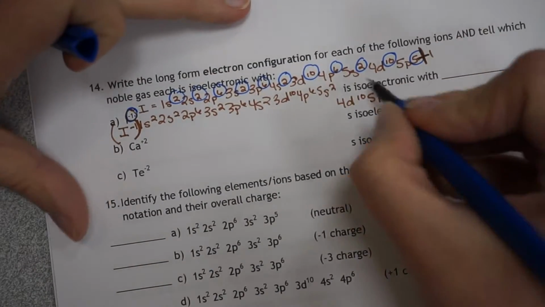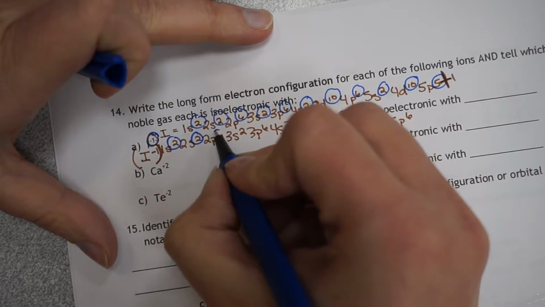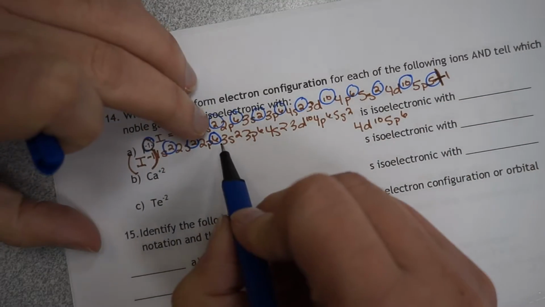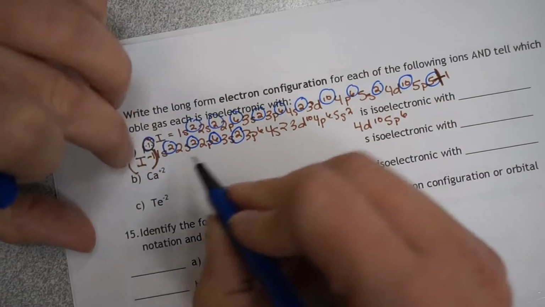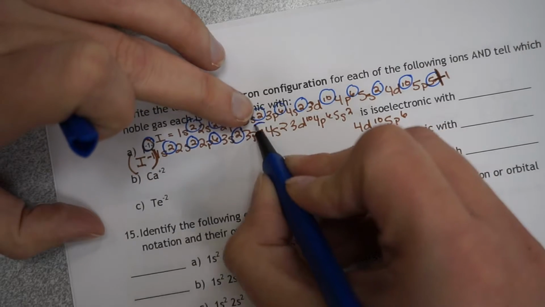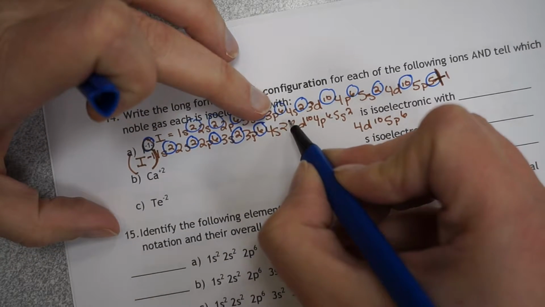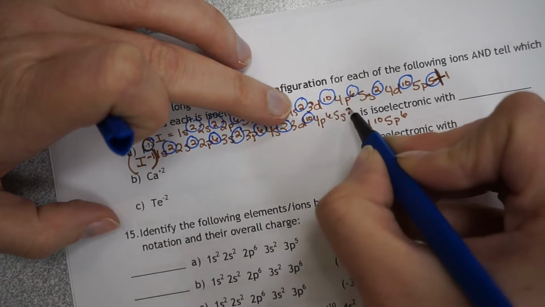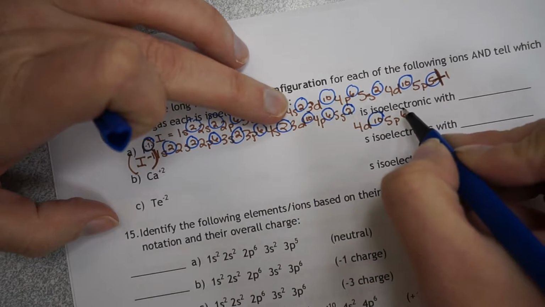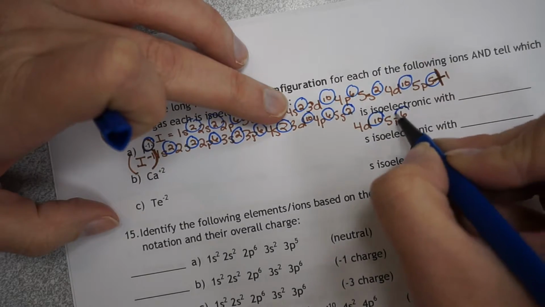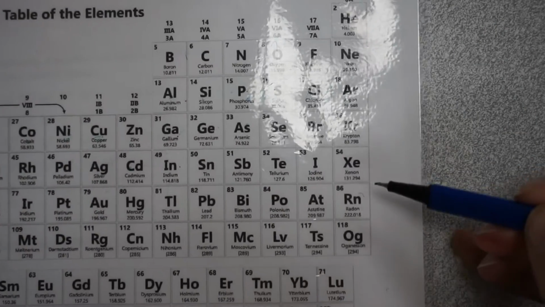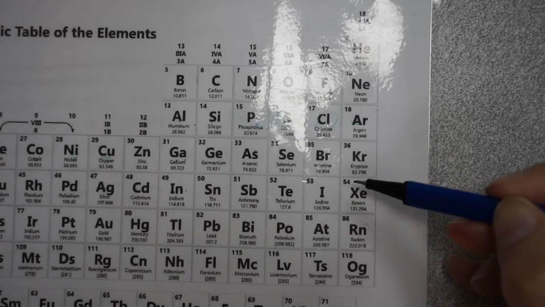So 2, 4, 10, 12, 18, 20, 30, 36, 38, 48, 49, 50, 51, 52, 53, 54. So 54.